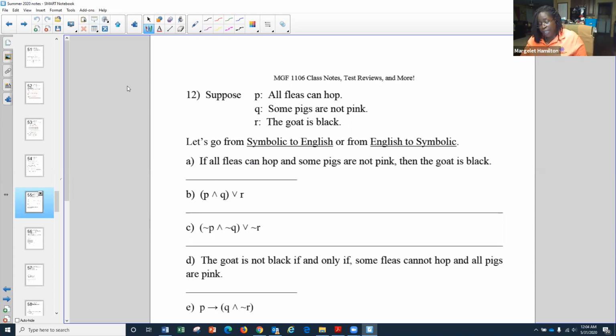So now we're looking at writing English to symbolic and back again with 3 statements. And what we have to pay attention to is that when we have that 3rd statement and they want us to write it in symbolic form, we're going to have to add that comma in there.